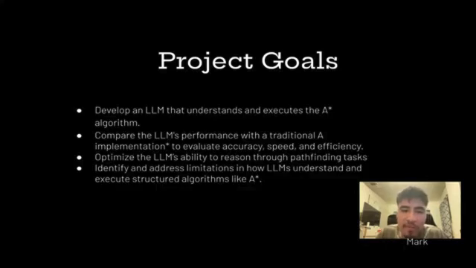We will then optimize the large language model's ability to reason through these tasks. And hopefully at the end of our project, we will be able to identify and address limitations in how large language models understand and execute algorithms such as the A star.